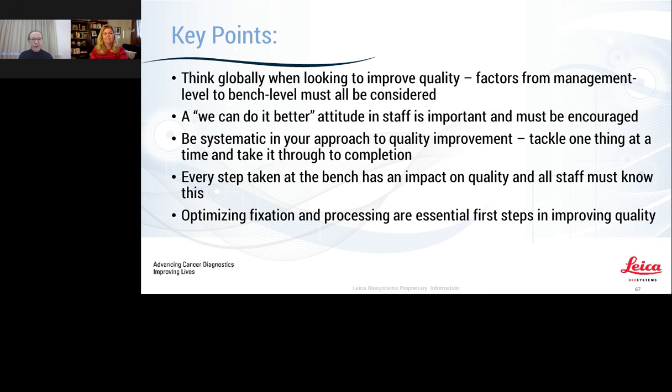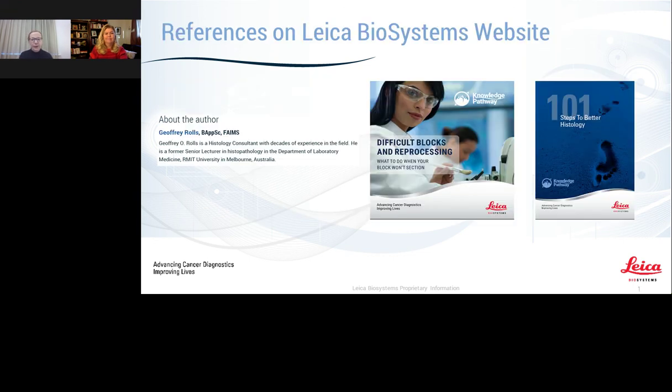Yes, as a last slide, I'd just like to show the audience that there are a number of references available on the Leica Biosystems website. In particular, there are two textbooks available to download as ebooks or to keep in your laboratory.